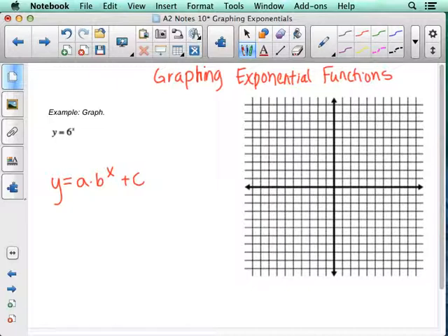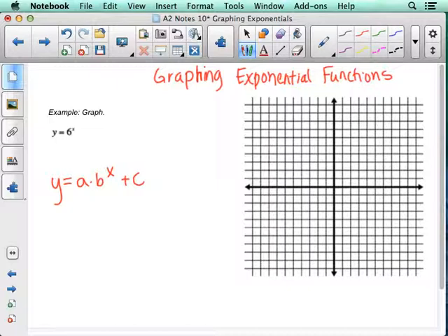Remember, if you add outside, you're shifting a function up or down. When it's in standard position, the horizontal asymptote is at 0. And an asymptote is an invisible line that your graph gets infinitely close to. It can cross over it, but it never actually becomes that straight line.